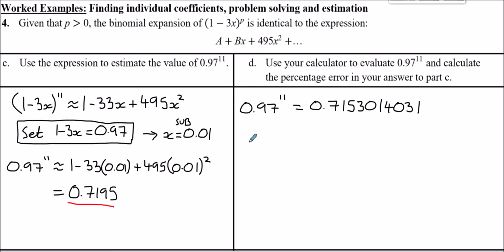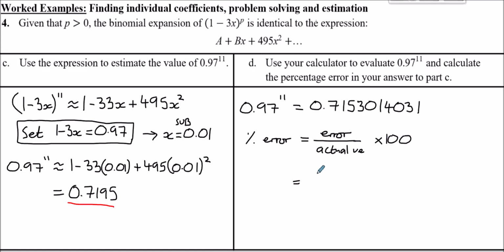So now this is going to return to GCSE. Can you remember the formula for percentage change, or in particular percentage error? The percentage error is always going to be the error divided by the original, or the actual in this case, actual value, multiplied by 100. And so the error is going to be the difference in between them.